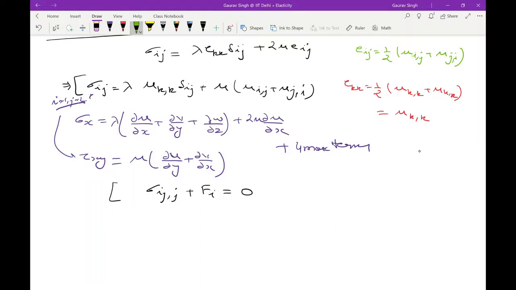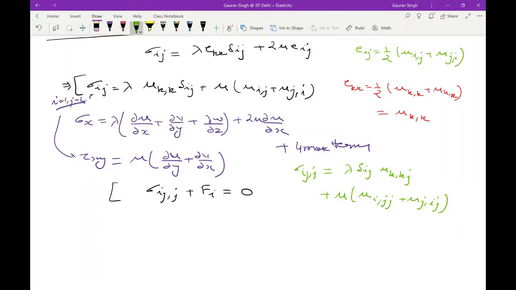So sigma ij,j would be equal to lambda into delta ij u_k,kj plus, I'm not writing the differentiation of delta because that would be 0, plus mu u_i,jj plus u_j,ij.